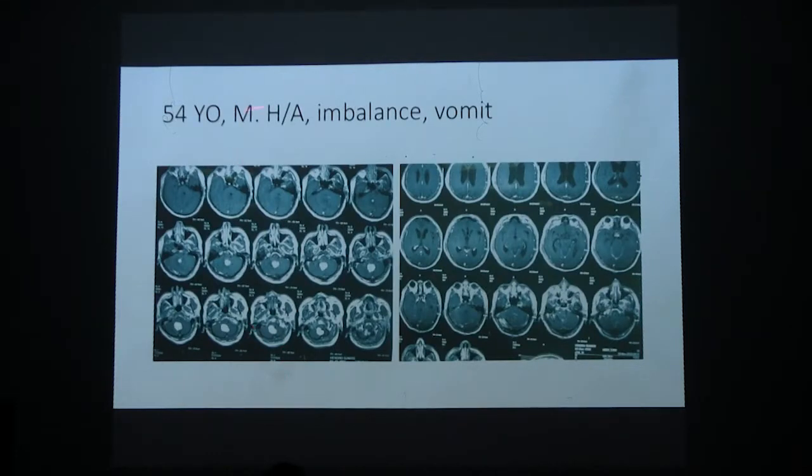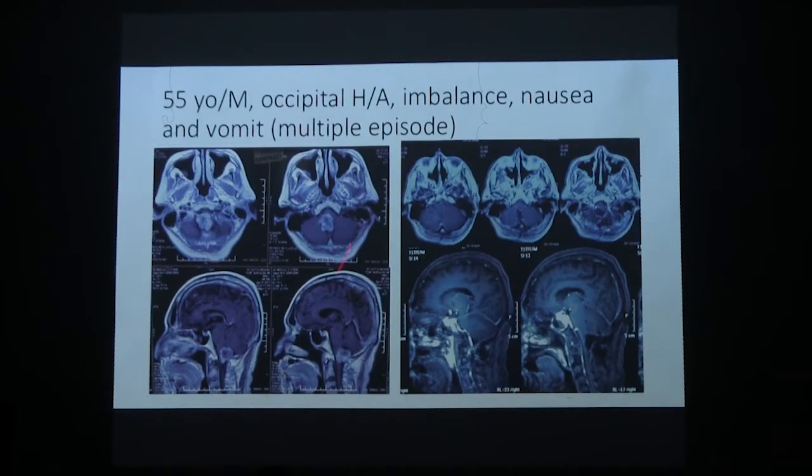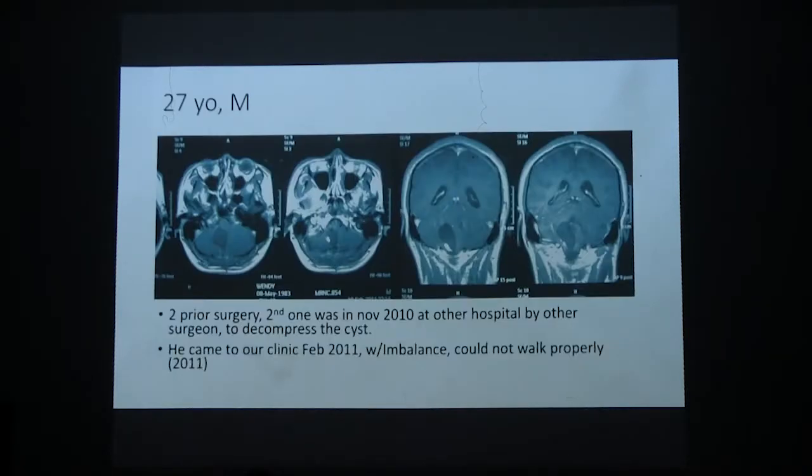This is also another case, a 54-year-old male with headache, imbalance, and vomiting, also proven to be hemangioblastoma. It's another case. It's not a typical picture of hemangioblastoma, but it was also proven during surgery, and the pathology was consistent with hemangioblastoma.